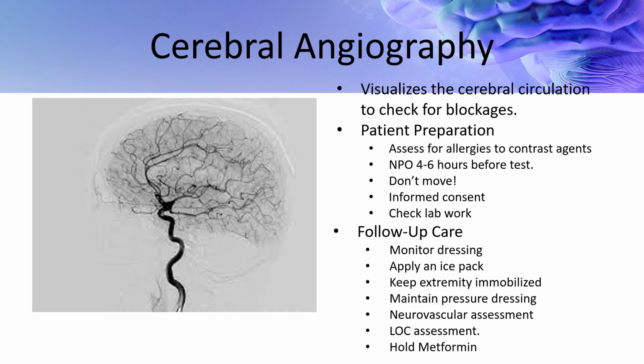The next test we're going to look at is the cerebral angiography. This is a procedure where the physician will go in through the groin, the femoral artery, and insert dye to look at the cerebral circulation to check for any blockages.